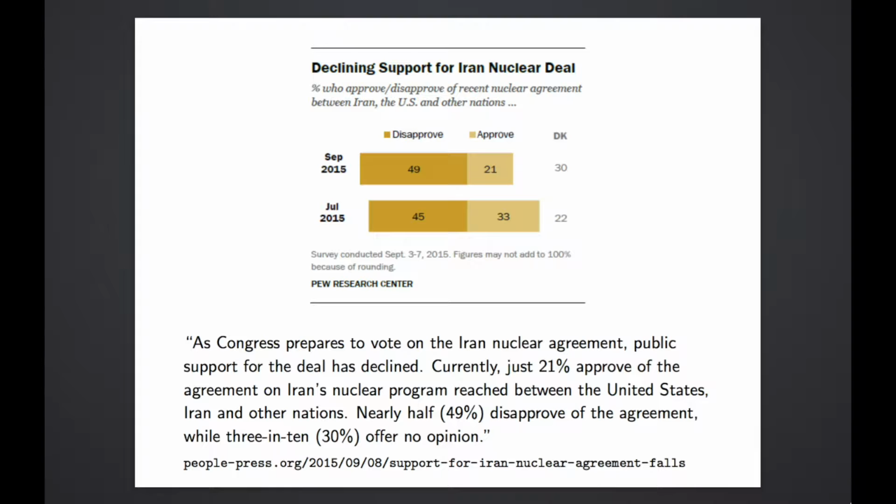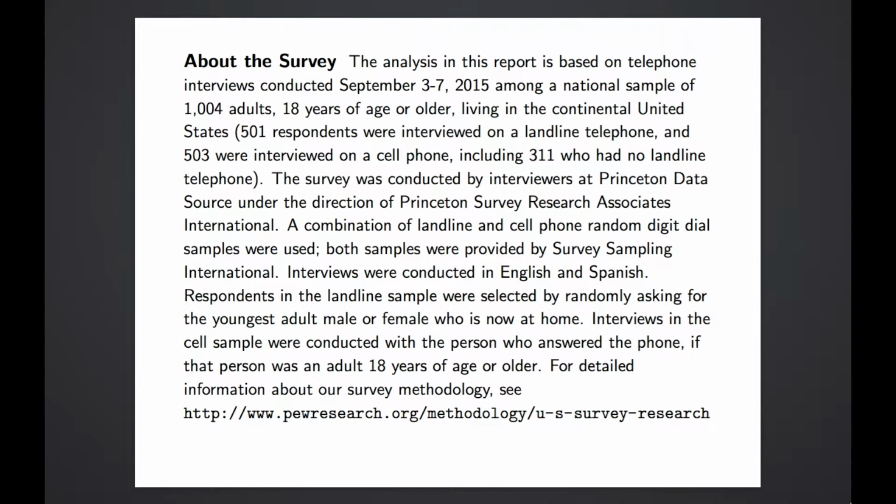Before we get into the meat of that question, let's talk a little bit about the survey design for this particular study. Any good, well-conducted study is going to give you information about how they did the survey, what their sampling procedure was, and things like that. So here's some basic information about this survey.